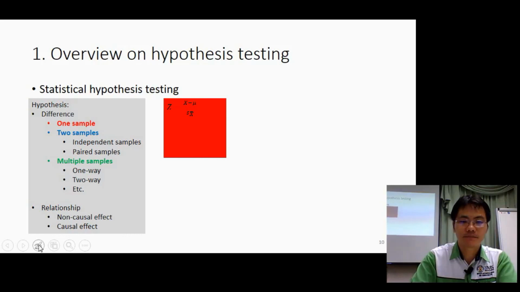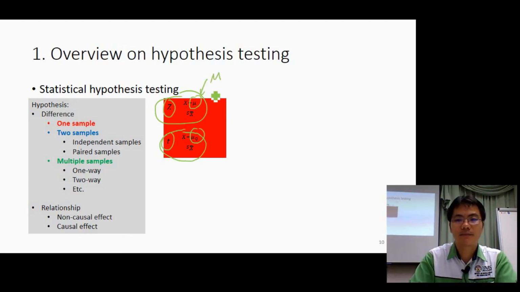Just to show you a formula, this is the formula for the one sample test, the one sample t-test. The only difference is this one, and also the probability distribution that we refer to. For the rest, the calculation is still the same. For the z-test, usually we use it if you know the population mean, the population parameter, they tell you, and you have a sample size of 30 or more, a large sample size.